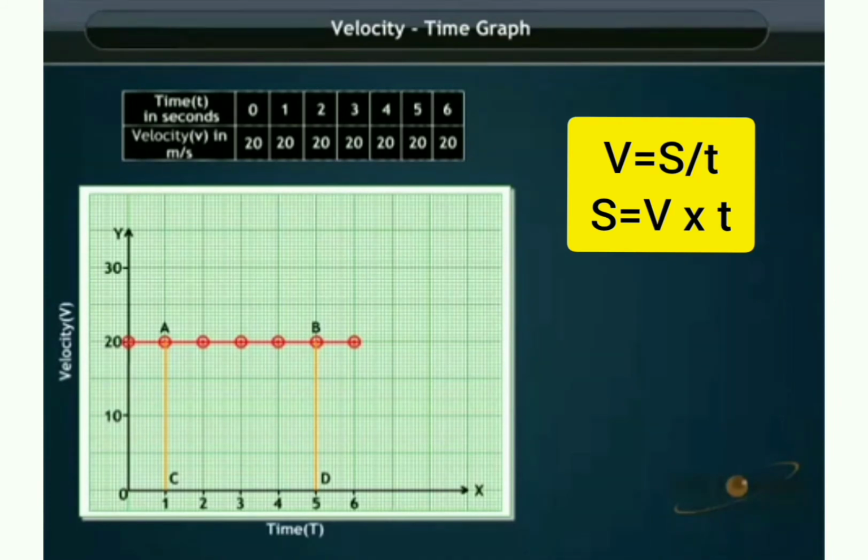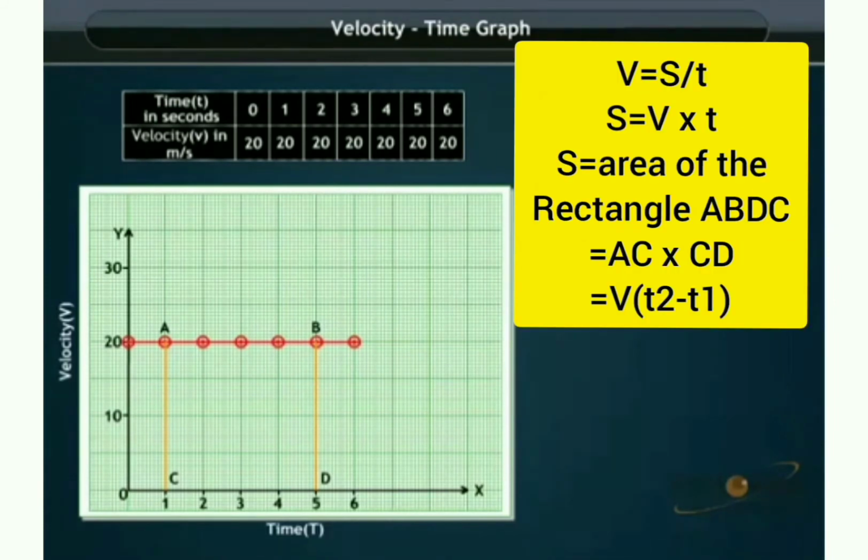The distance moved by the object in time t2 minus t1 is given by S, that is displacement, equal to the area of the rectangle ABDC, equal to AC into CD, equal to v into (t2 minus t1).